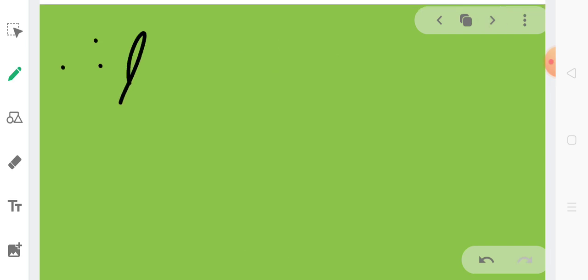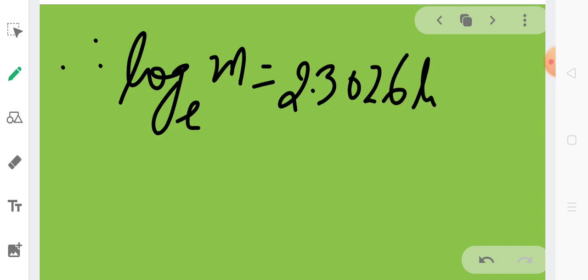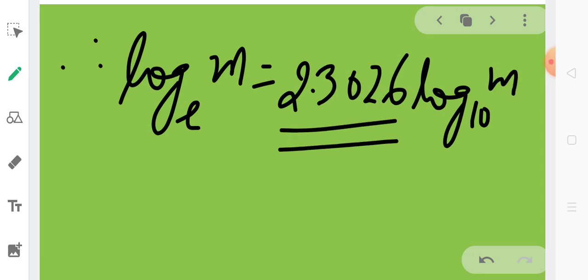Therefore we have to simply multiply with this number. So the conversion factor is this. Whenever we are doing any conversion from natural logarithm to common logarithm, we have to multiply it with 2.3026.